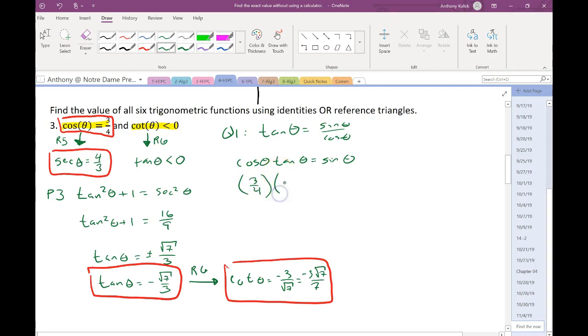Cosine is 3/4. Tangent is negative root 7 over 3. The 3's are going to cancel. And then I have my value for sine.